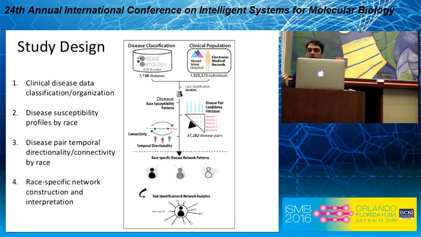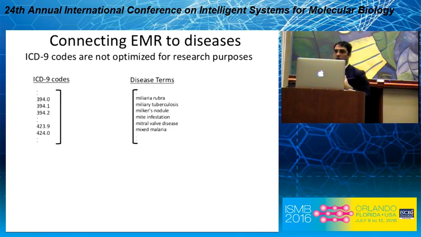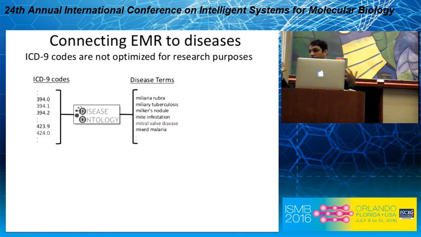As I mentioned, EMRs and especially ICD-9 codes are not meant for research purposes. They were really built around billing. Because of this, ICD codes are organized in a tree structure, but they aren't necessarily together in some meaningful disease relationship. Luckily there is such an ontology, disease ontology, which connects these disparate codes to a disease term, which is more precise than a general category of diseases.